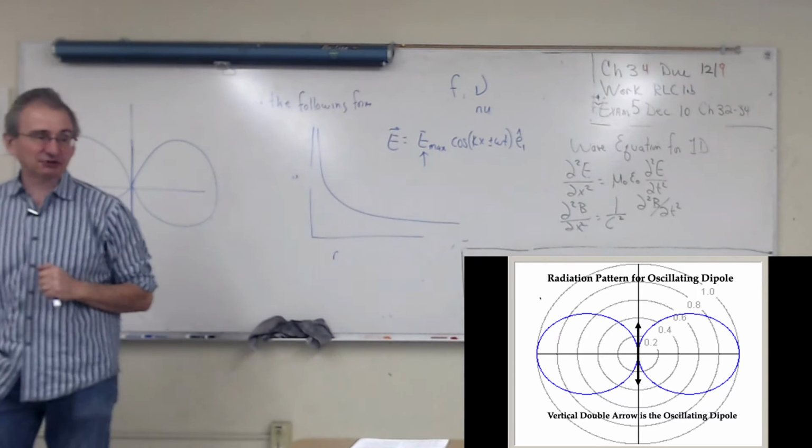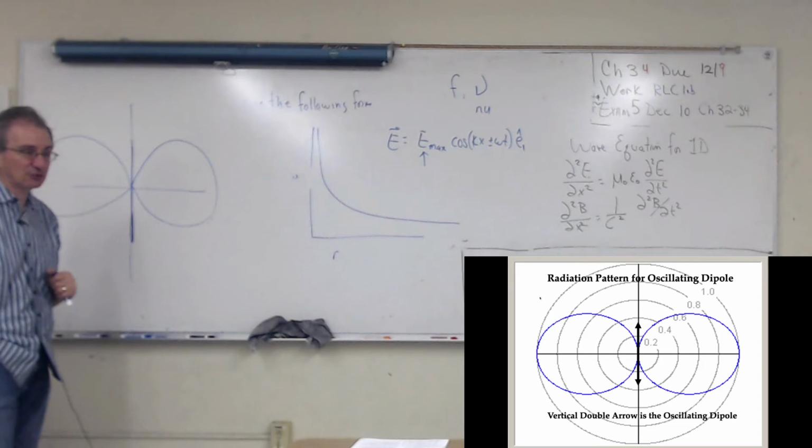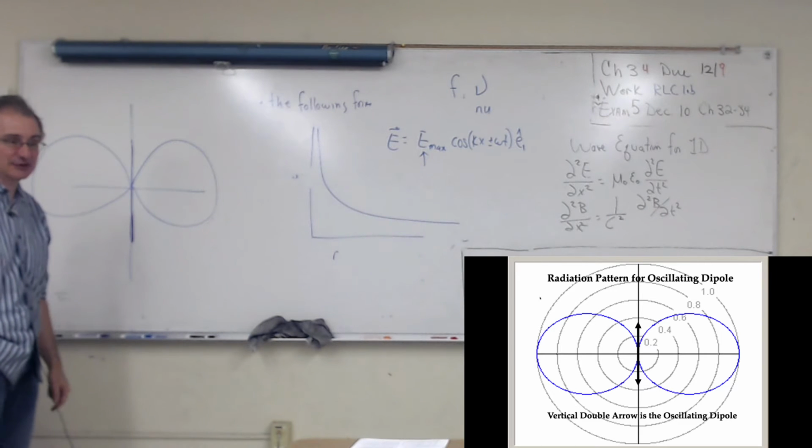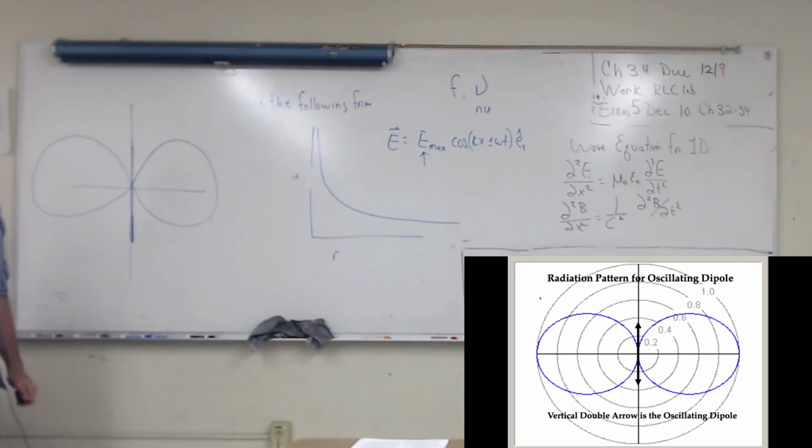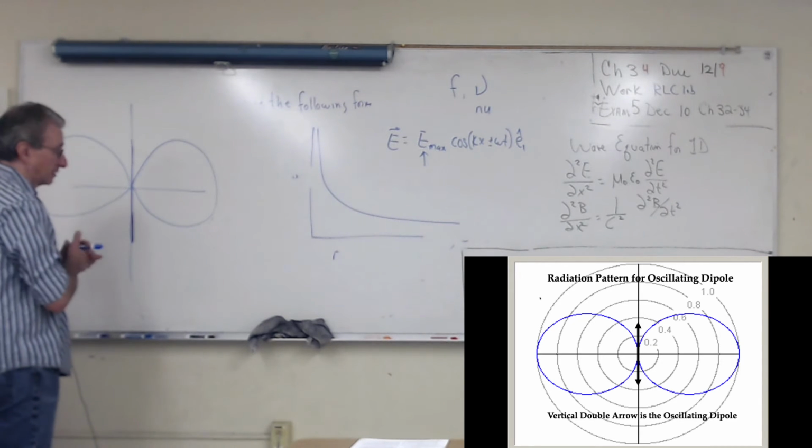If you have a P to an S transition in an atom, the energy that's radiated has this form. Okay? Because it's dipole radiation that's coming from the atom. So it looks like this.